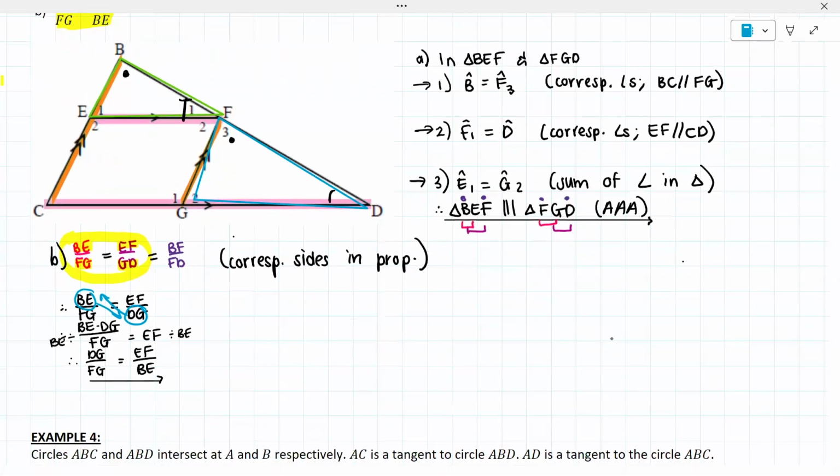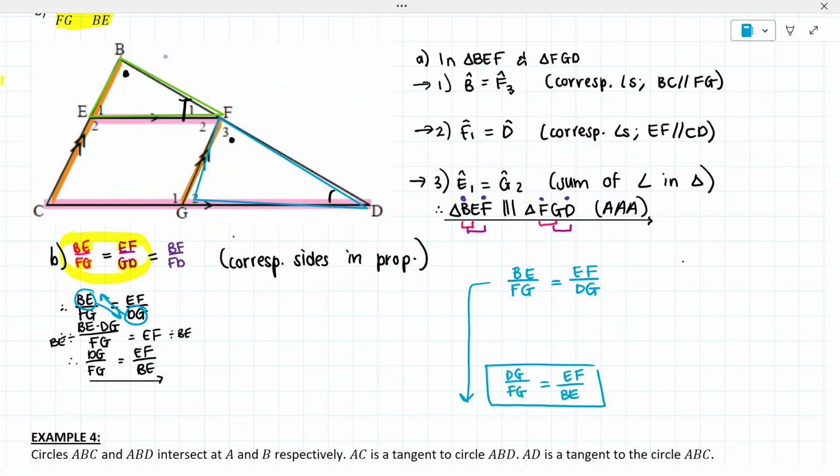Okay, cool. So let's just rewrite this over here. So BE over FG is equal to EF over DG. So that was what we initially have, and we now need to do the swap. So our end goal here is to have DG over FG is equal to EF over BE. So this is my end goal.